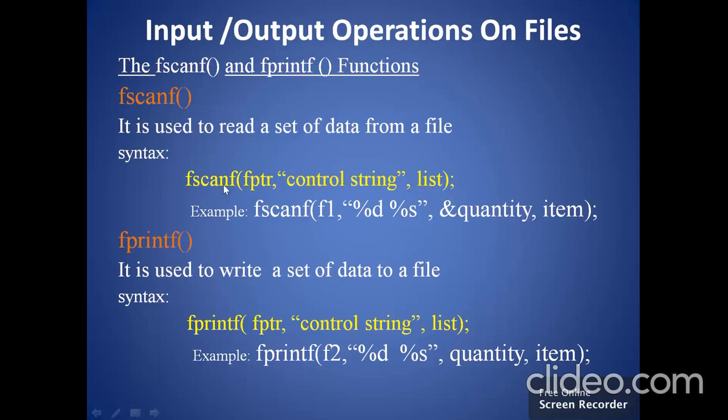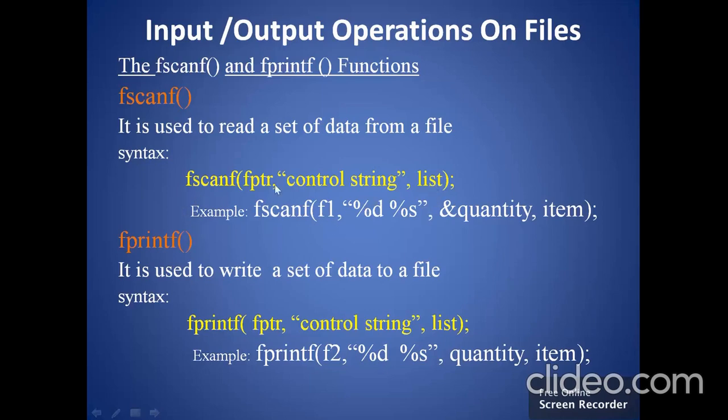Here fscanf is the file function that is used to read a set of data from a file. Then fptr, here we will put the name of the file pointer. Then control string specifies the field format in which the data is to be entered. Then list, here we will put the address locations of the variables.